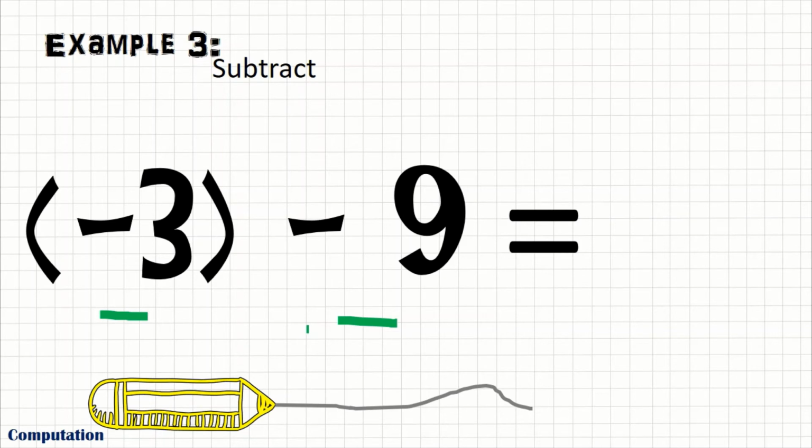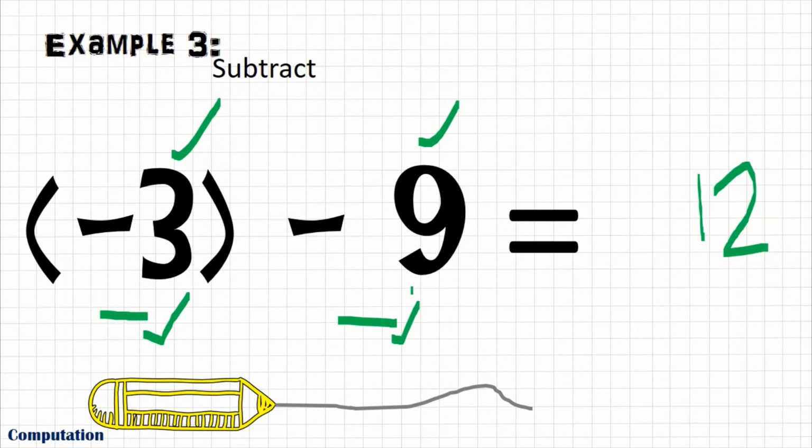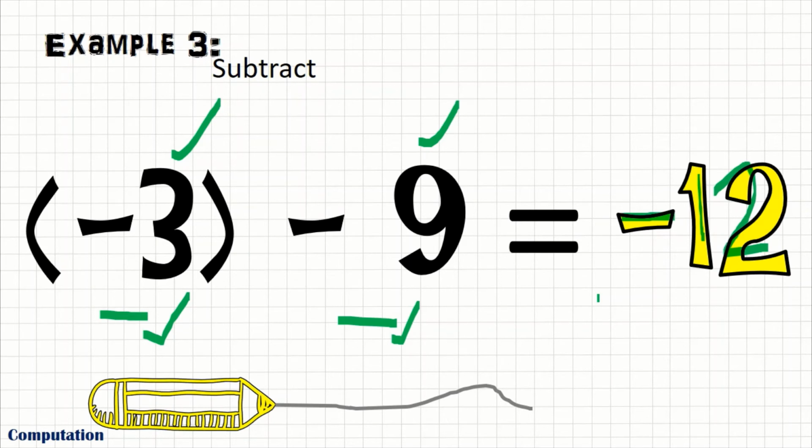Again, kapag same sign ang given natin, i-add natin yung dalawang numbers and then, kakopyahin natin yung sign nila. So, add natin. We have 3 plus 9 is equal to 12. And then, yung sign nila ay parehas negative. So, therefore, the final answer is negative 12.